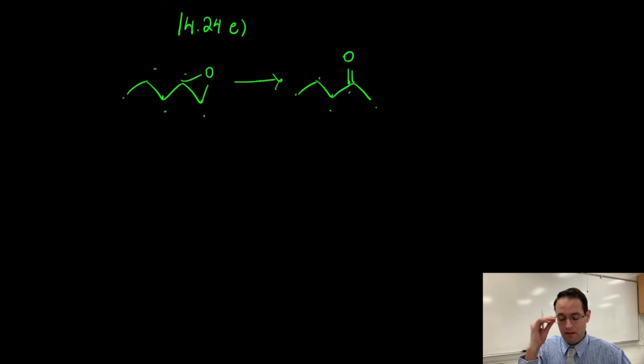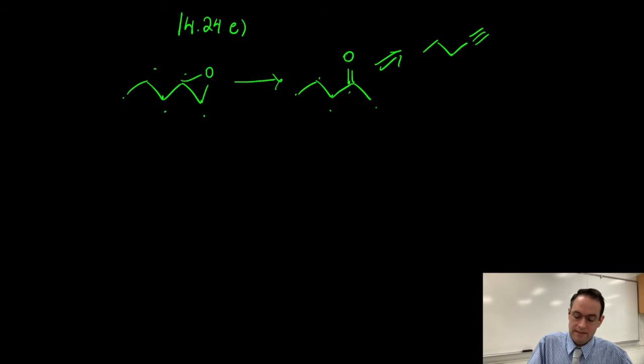But here we want to think about how can we synthesize a ketone? We can synthesize a ketone from an alkyne, but that doesn't look very related to an epoxide. We could synthesize a ketone from an alcohol.